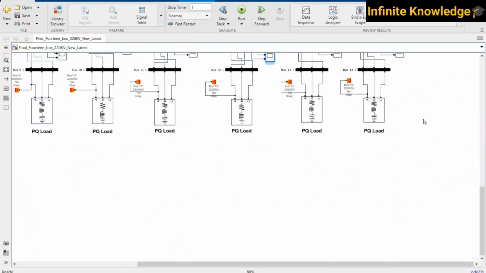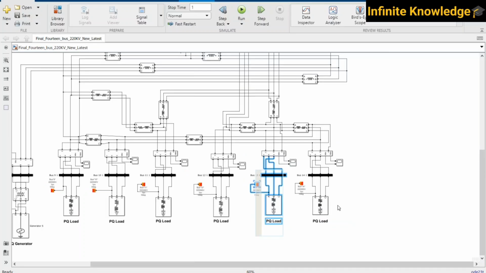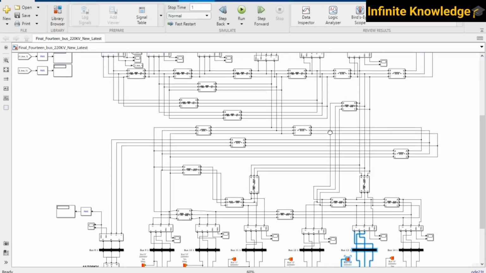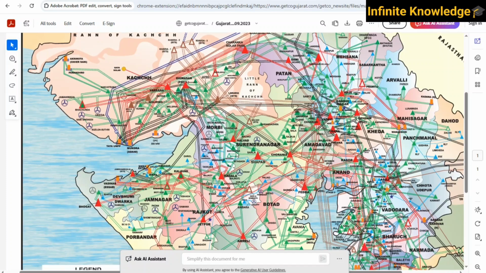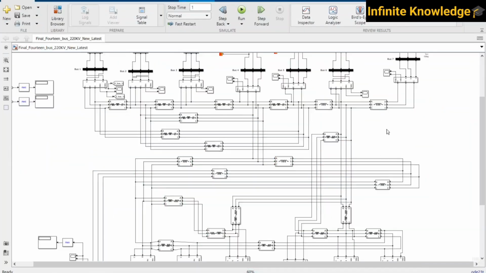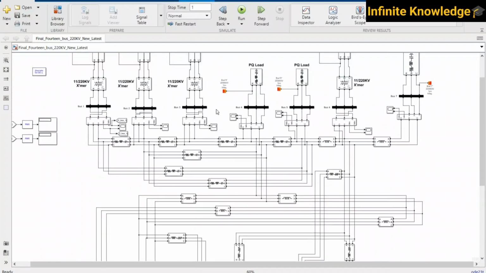This is not a load, it is a type of substation, a 220 kV substation. These are the different substations, like 1, 2. All the loads are treated as substations here. As per the graph I explained earlier, these are different substations, all at 220 kV.